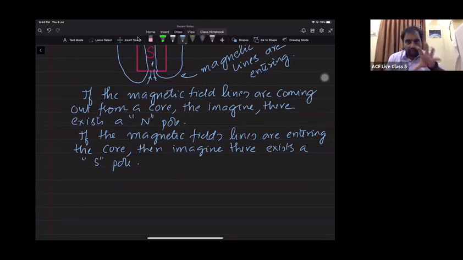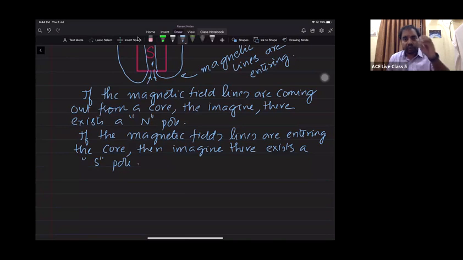If you clearly understood how to draw or trace the magnetic flux lines, 50% of your engineering is done. That much importance we have to give to drawing the magnetic flux lines. Why? Because whether it is a motor or a generator, they work only on magnetism, magnetic fields only. So you should know the tracing of the magnetic flux lines, which is a very, very important thing, right?